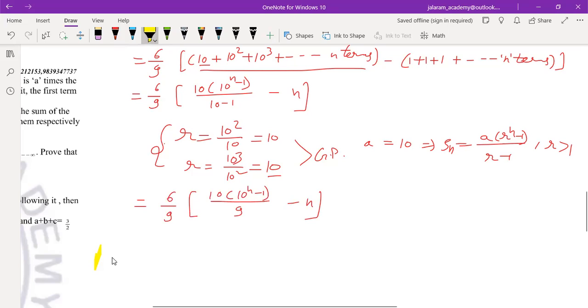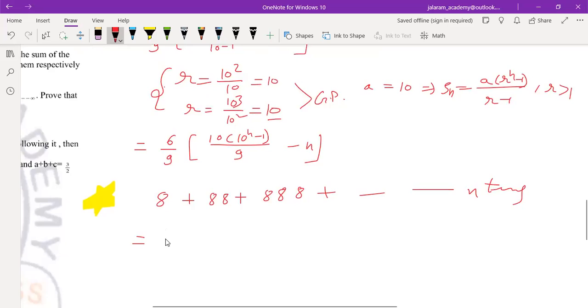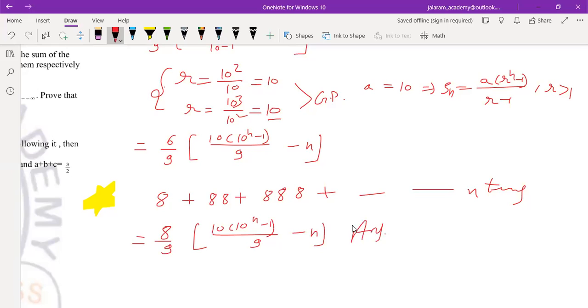For example, if you have to find the value of 8 plus 88 plus 888 and so on up to n terms, you can directly write 8 by 9 into 10 into 10 to the power n minus 1 over 9, minus n as the answer.